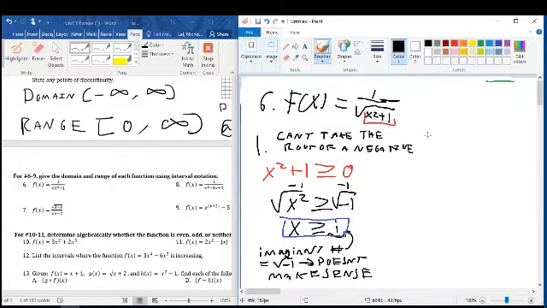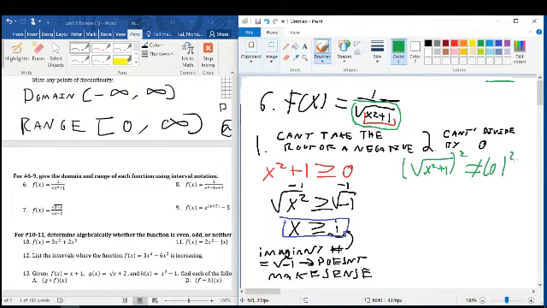Then for the second, you can't divide by 0. So in order to not divide by 0, we have to take the whole term in the denominator and say that it cannot equal 0. So you'll have the square root of x squared plus 1 cannot equal 0.